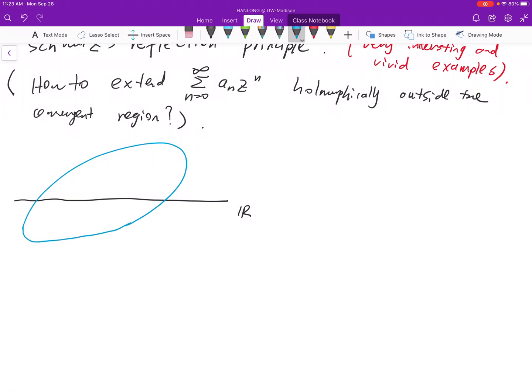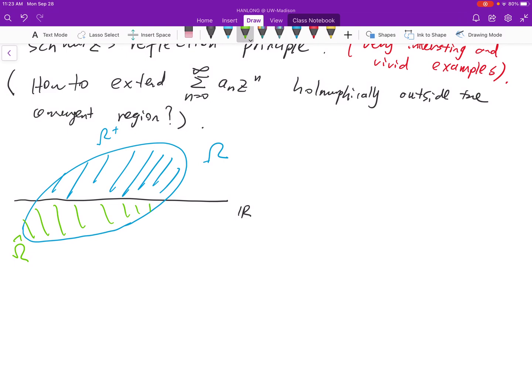This is your original domain, omega, and let's denote the upper half by omega plus, the lower half by omega hat.